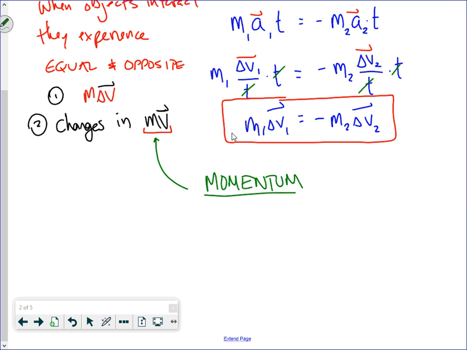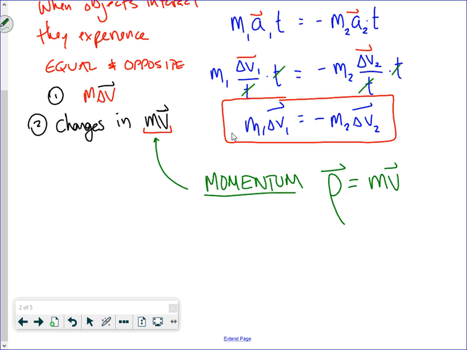By definition, an object's momentum, that looks like a P, but it's usually a Greek lowercase rho. It's like a lowercase p, but it's fancier. By definition, momentum is the product of an object's mass and velocity. That's the definition of momentum.